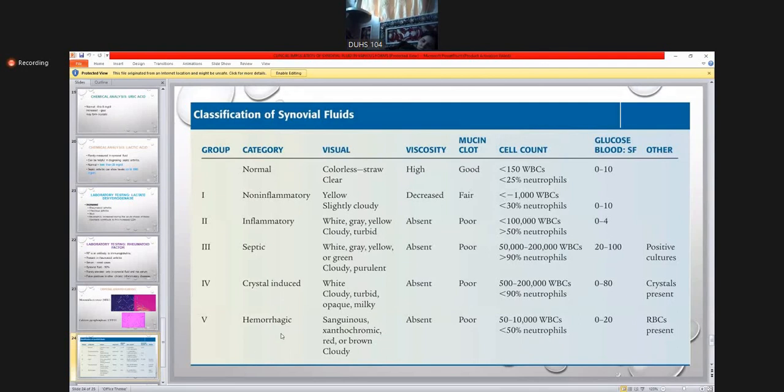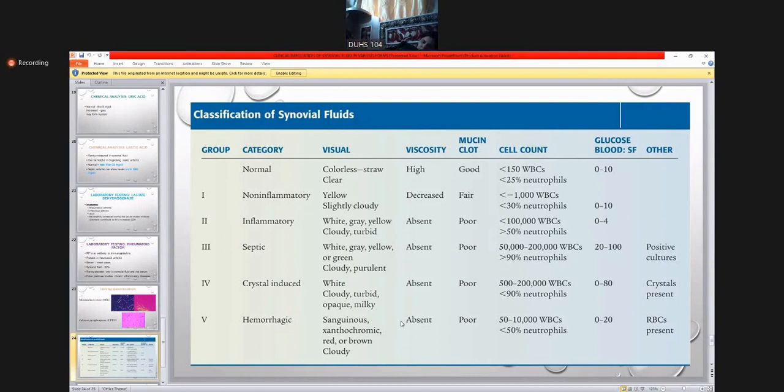In hemorrhagic cases, what are the hemorrhagic cases? If there is some trauma, or if the patient is on anticoagulant therapy like heparin and warfarin, then the patient might have synovial fluid with a hemorrhagic appearance. Okay. Okay, what is sanguineous? Sanguineous means that it has a fresh blood-like appearance. Okay. Xanthochromic means a yellowish tinge, and there will be a red or brown or cloudy appearance in hemorrhagic cases.